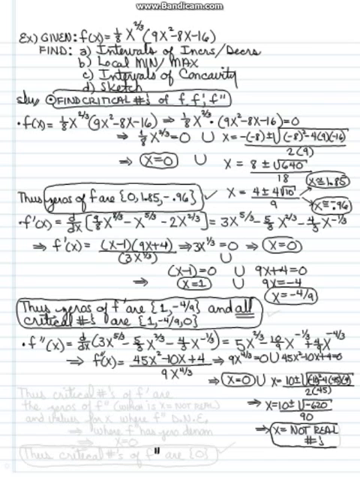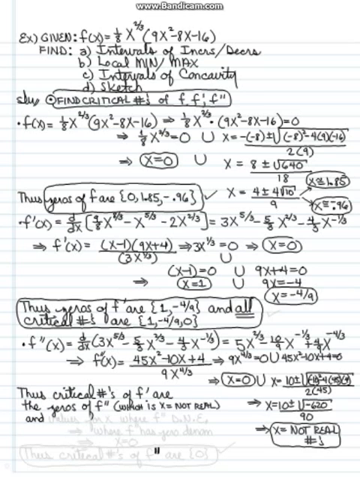Thus, the critical numbers of f prime are going to be the zeros of f double prime, which is x equals not real in this particular case, and the values of x for which f double prime does not exist. That occurs when the denominator is equal to 0, and that gave us x equals 0. I'm pretty sure I got that all right. I thought about it a lot before I wrote it down.